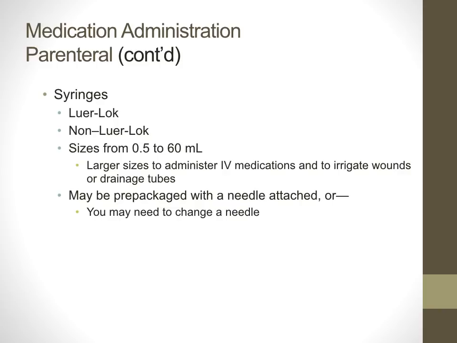Your larger sizes are usually used to give IV medications and to irrigate wounds or drainage tubes. You actually saw a 60 ml syringe when doing your NG tube insertions. It may come prepackaged with the needle, or you may need to attach the needle separately or change the needle out.